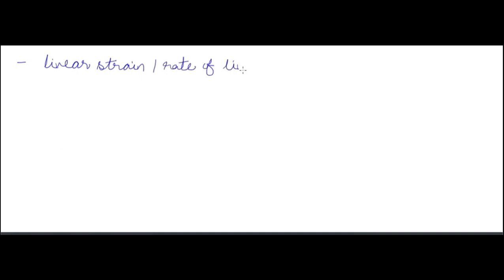Law of linear strain, or rate of linear strain. Rate of linear strain is a different thing, but in the question sometimes rate of linear strain is asked as linear strain. So if in the question you are asked linear strain, you can also find it using this formula.